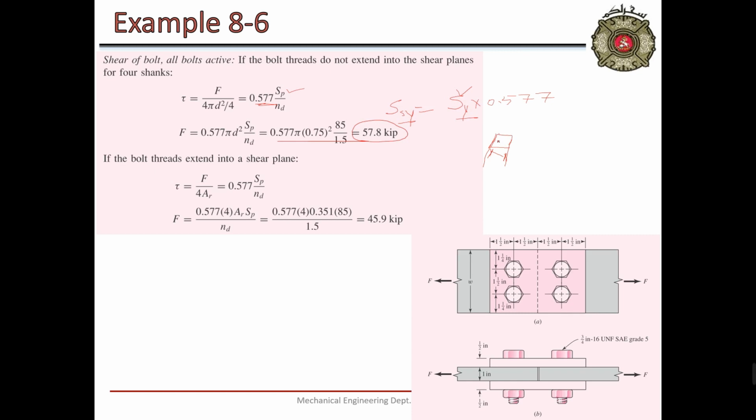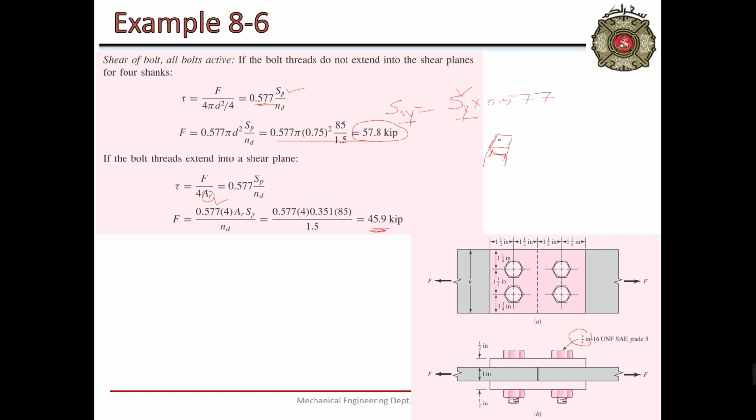This is the total bolt outer area, this is the inner area, and this is the minimum area of the bolt. So AR is taken with reference to the 3 by 4 inch bolt, and this will be the minimum area. For this minimum area, they have calculated the value of F, which is equal to 45.9.